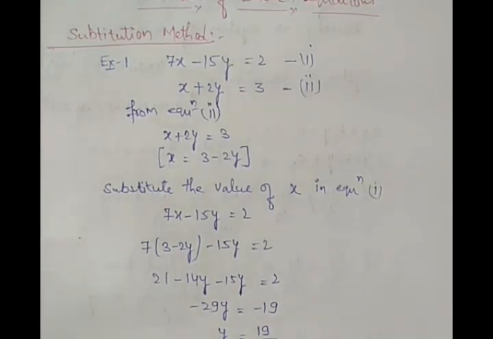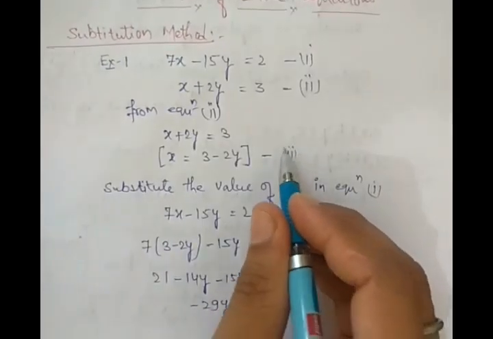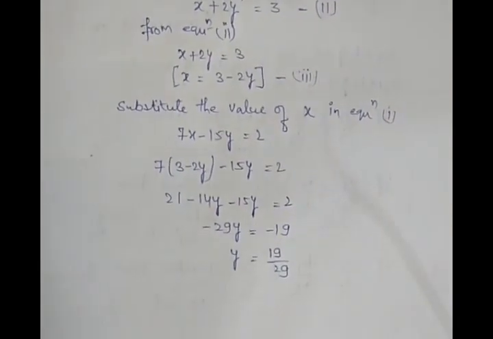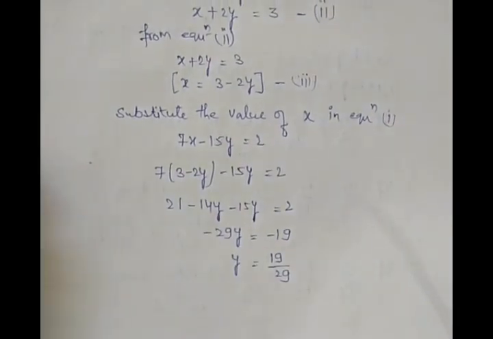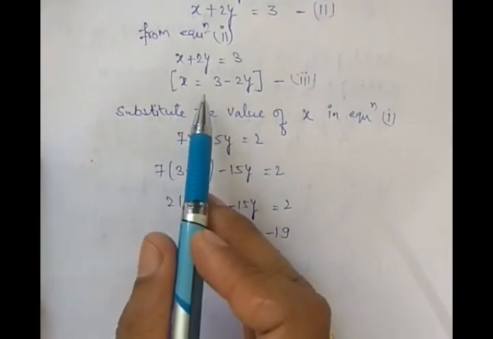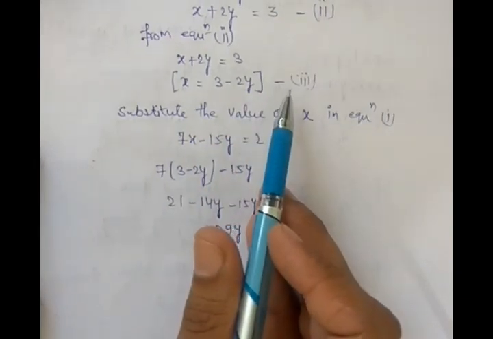Now what we have to do? Let's say this was your equation number 3. We have got the value of y as 19 by 29, and x is equal to 3 minus 2y was equation number 3.